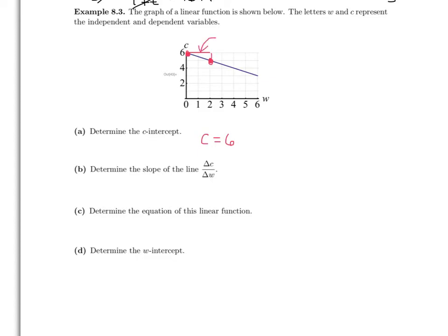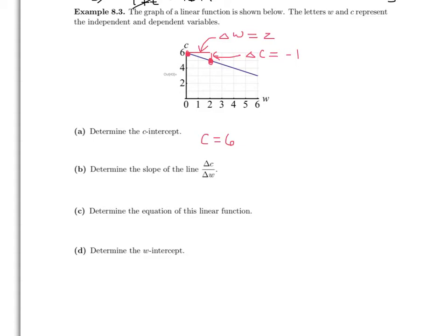If we go over 2 places, that means that we have changed the value of W by 2. We've increased the value of W by 2. If we drop 1 unit, that means we've decreased the value of C by 1 unit. So the change is a -1.